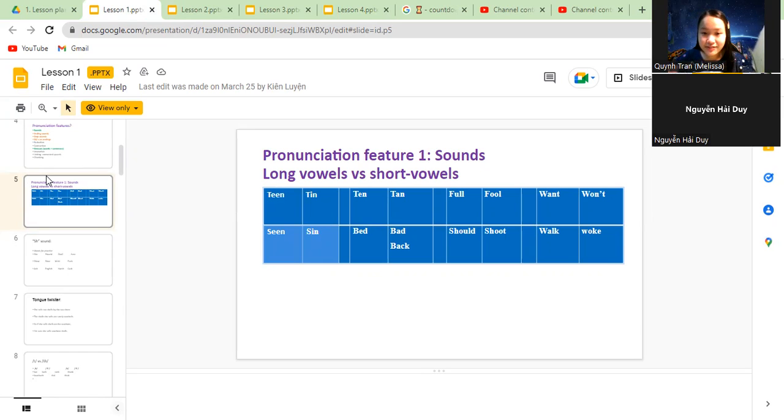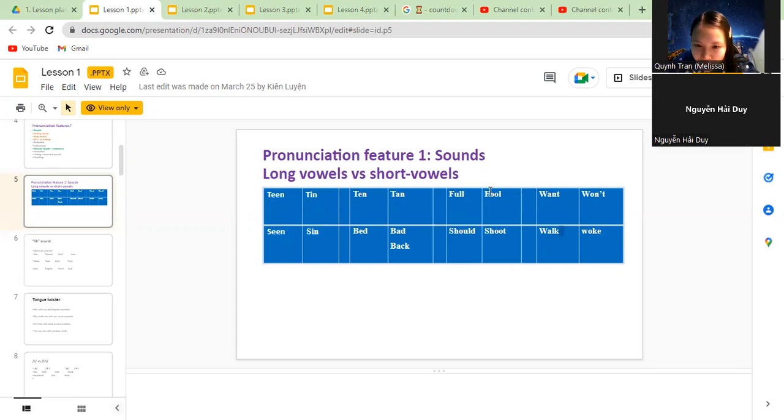Can you see the difference there? Yes. Okay, so that is the reason why I ask you to repeat that, because sometimes we don't really know which one is long vowel sound and which one is short vowel sound via pronunciation.